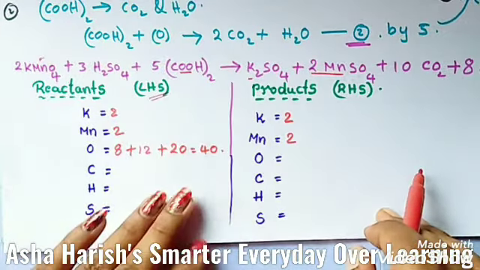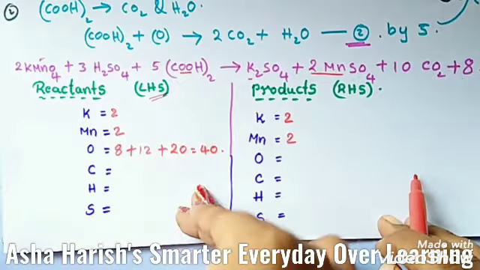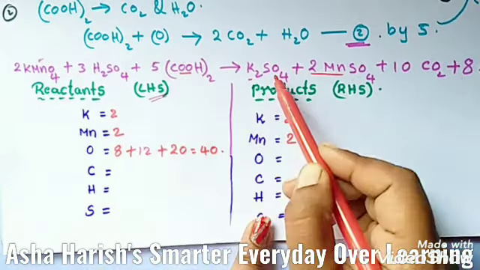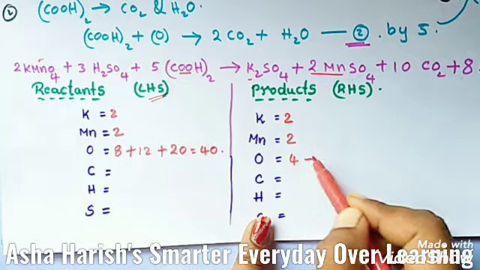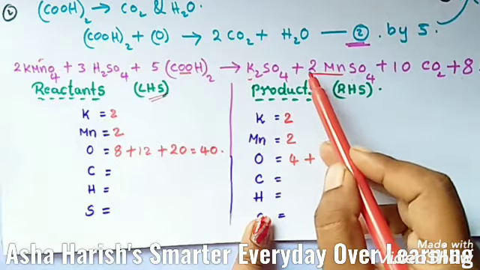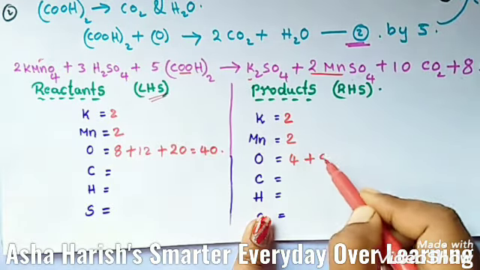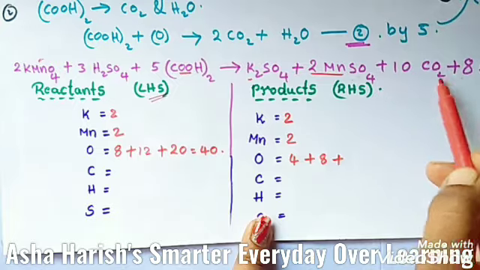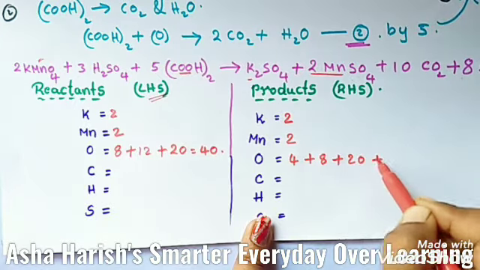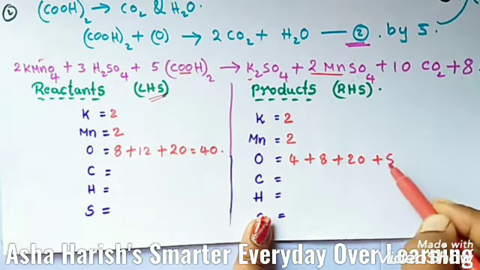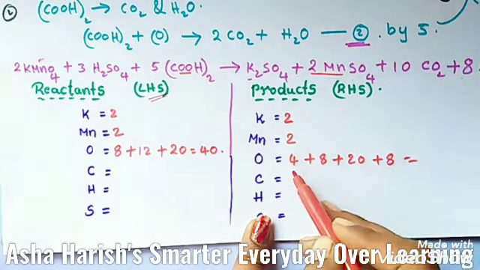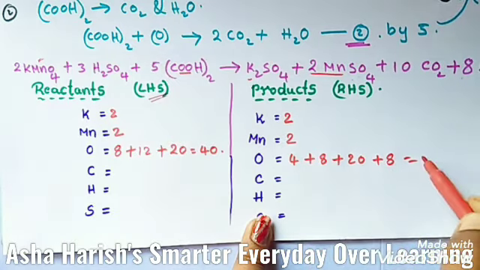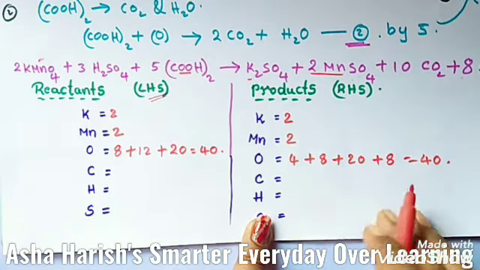So 40 oxygens are present on the reactant side. And what about the product side? Let's see now. Here 4 oxygen atoms plus in this 2 fours 8 plus 10 into 2 20 plus 8. Now total 16 plus 4 is 20, plus 20, 40 oxygen atoms.